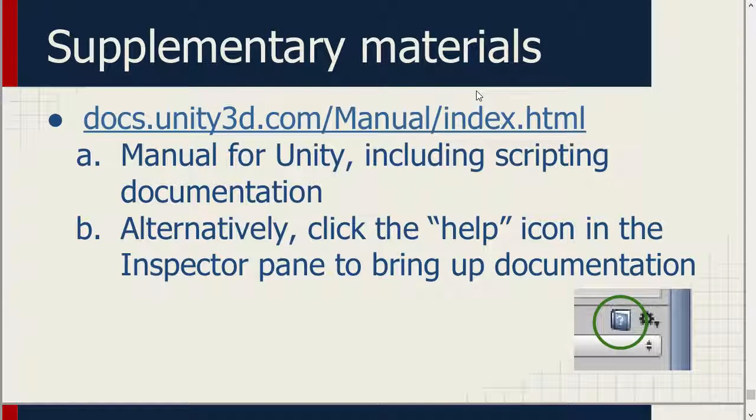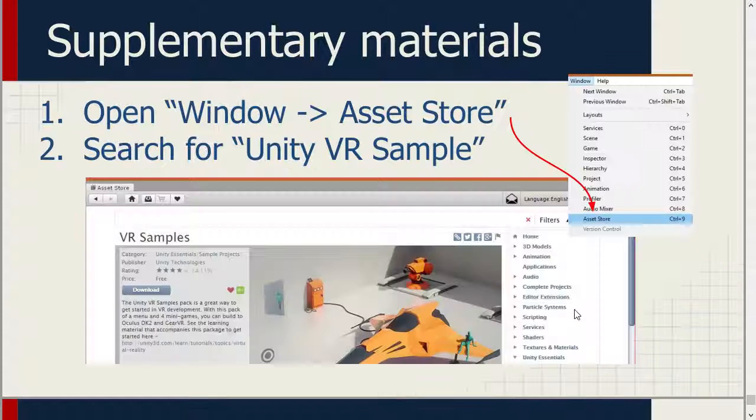If you want to learn more about scripting, each component actually has a question mark book icon. If you click on that, it leads you directly to the documentation of how to work with that component. So if you have any questions about how certain things work, this is the icon you can click on to learn more information.